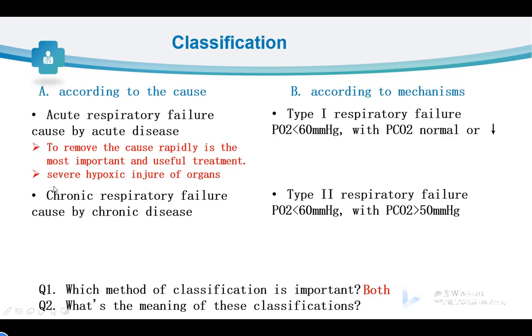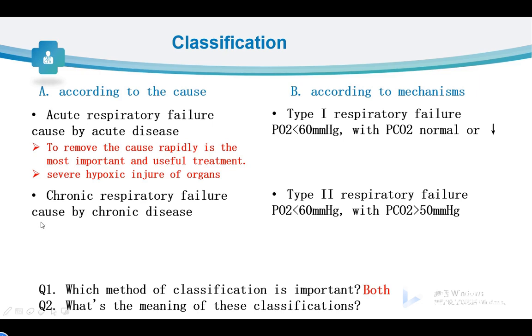If we cannot remove the cause rapidly, it will cause severe hypoxic injury of the organs, and the patient is likely to die, right? So, the principle of the treatment for this patient is rapid therapy, right?